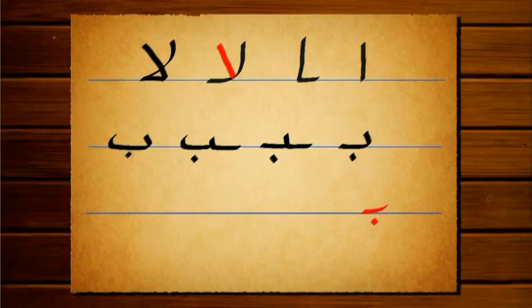Here is the initial form. This word is Bab. This is the initial Ba, and this is the isolated Ba. And here, we can consider this as the medial Alif. Bab, which means door.